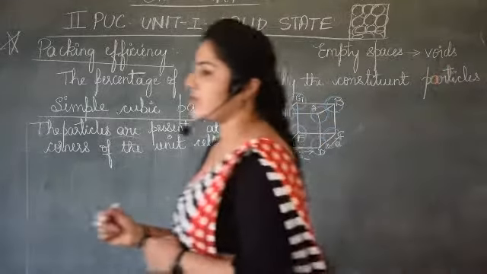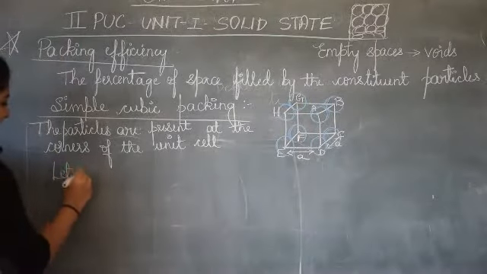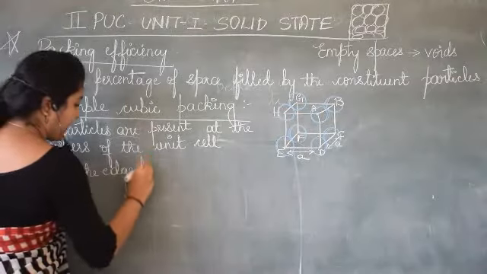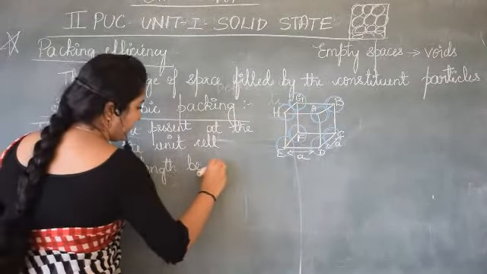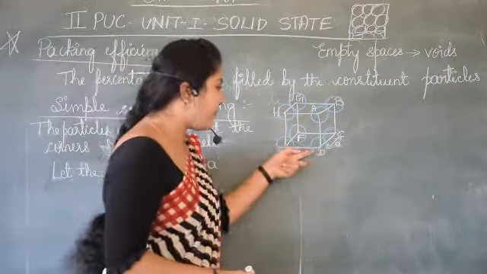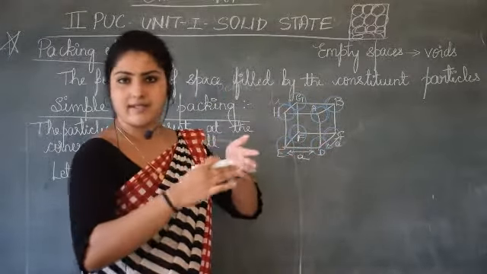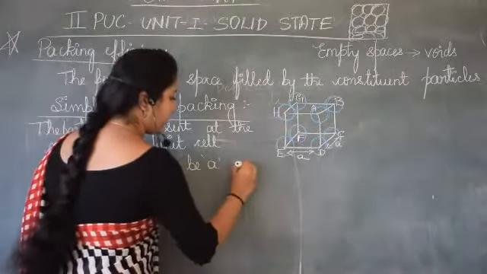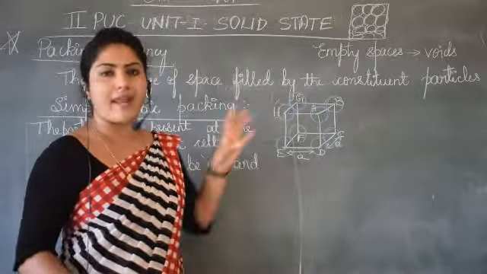Next, what should you mention? Mention that let the edge length be A. That means we are considering the length of these edges, the sides. We consider the length as A, and the radius of the sphere. Now I have shown you one atom, isn't it?